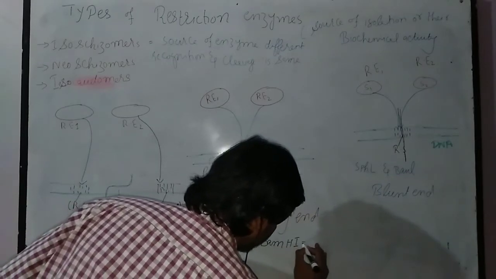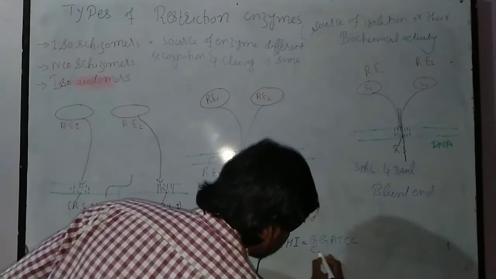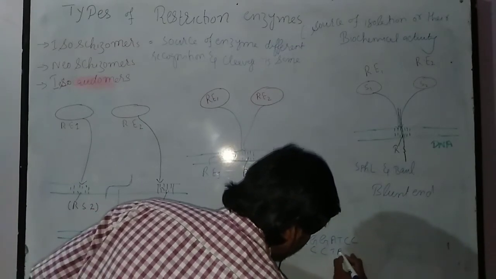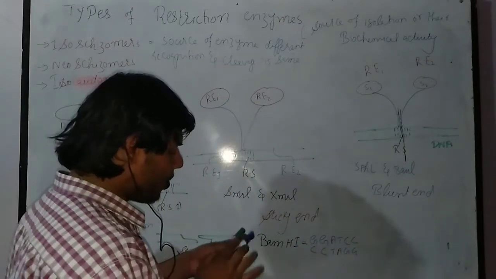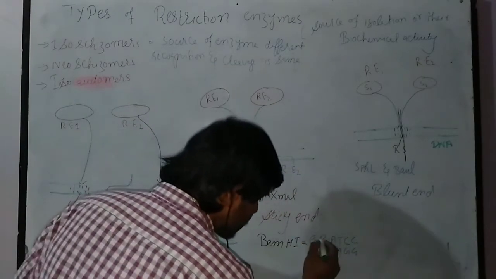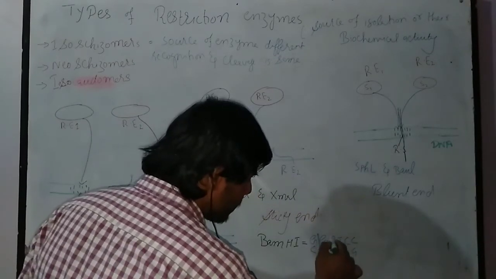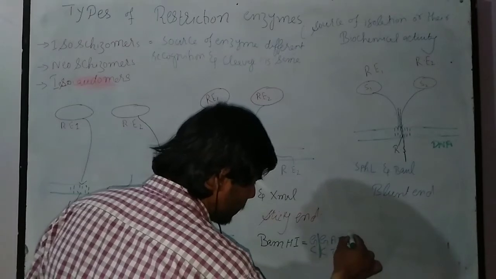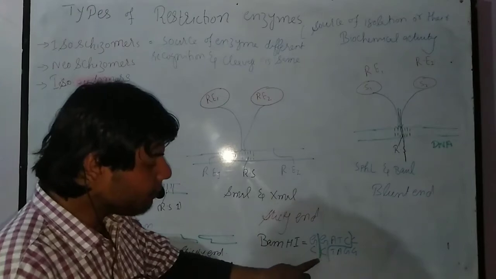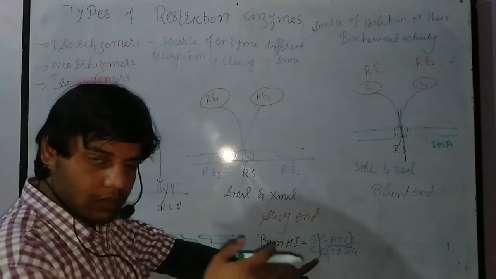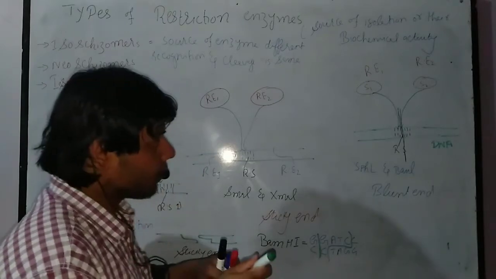The example of Isocaudomer is BamHI that has the cleavage site GGATCC, so the complementary will be CCTAGG. In this case, they sometimes make a cut at that specific point, or sometimes they will make a cut in this way. So it means that sometimes they will produce blunt end and sometimes they will produce sticky end.